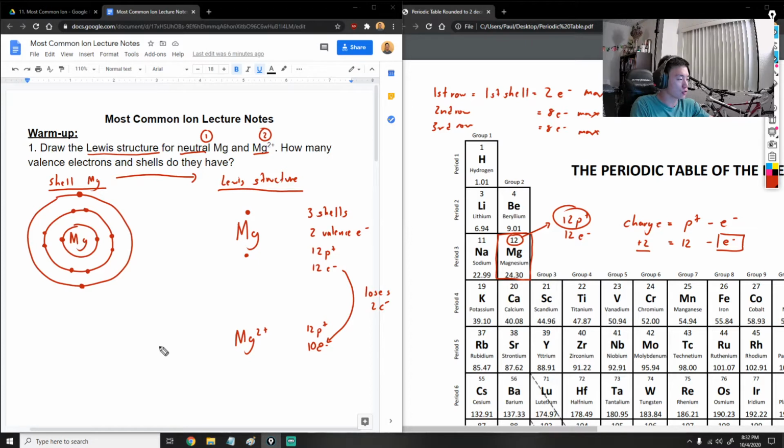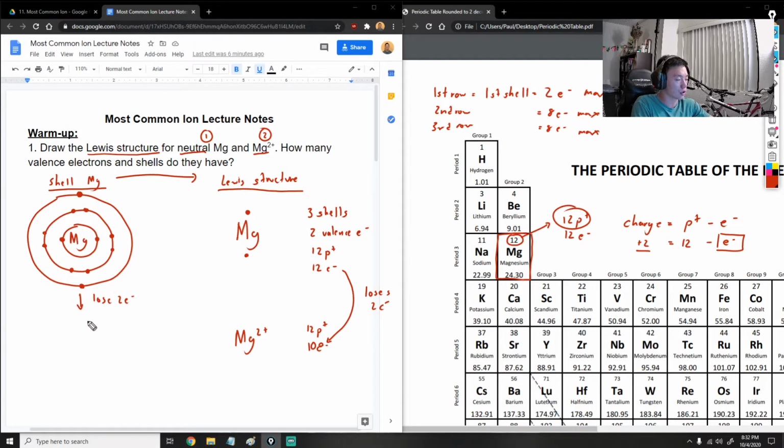Alright, before we can do the Lewis structure, let's think about the shell model. If we look at the shell model, we notice that there's 2 electrons in the outside shell. We said that in order to go from Mg to Mg2+, we need to lose 2 electrons. If we lose 2 electrons, we have to take them away from the outside shell.